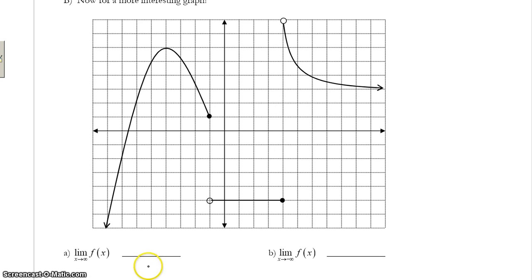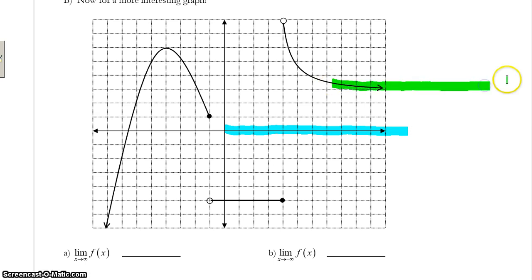It says the limit as x approaches infinity, f of x approaches what? So let's take a look at this. As x approaches infinity, it looks like it's going to keep going this way. So looks like we've got an asymptote here.